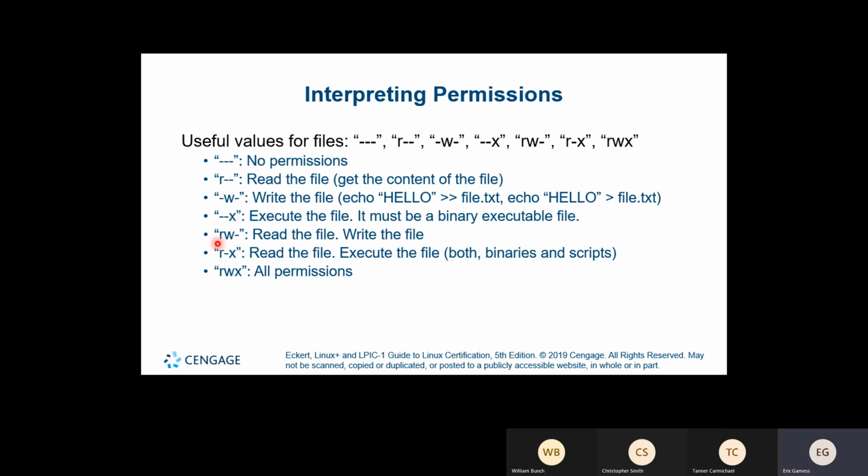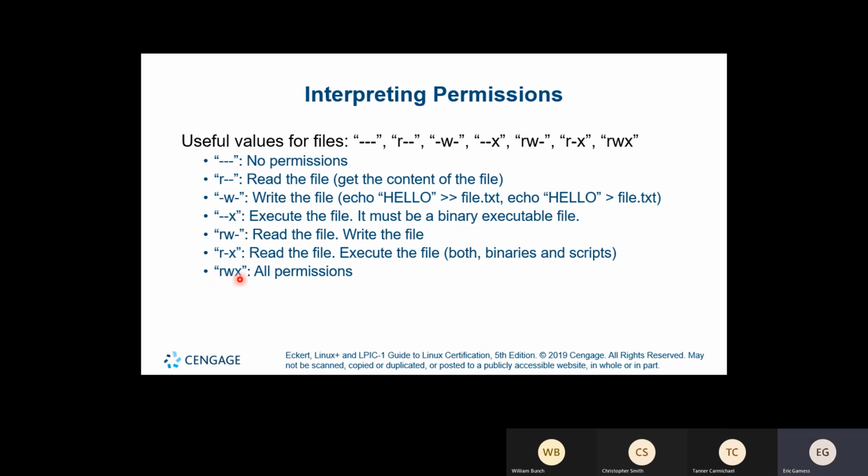Now, if I have read and write and I don't have execute, I can read the content of the file and I can modify the content of the file. If I have read and execute, I can read the content of the file. I can execute the file. In both cases, a script or a binary file.